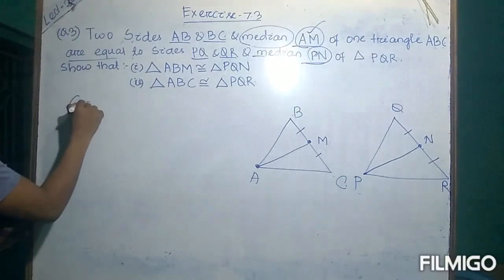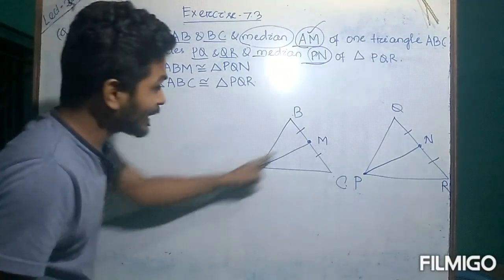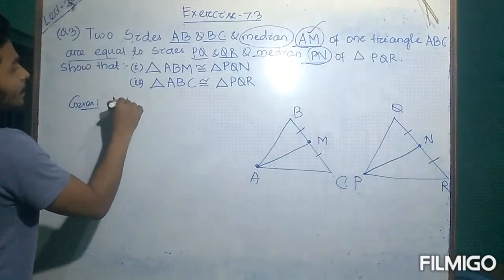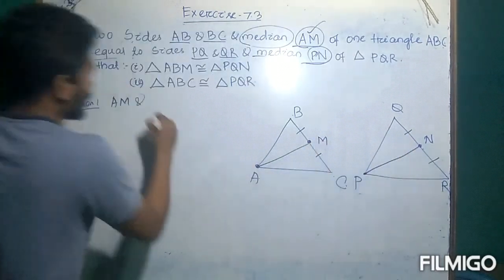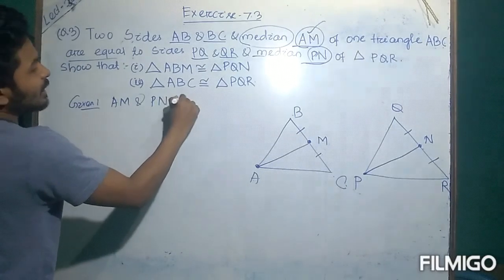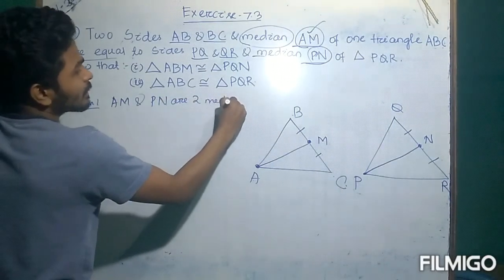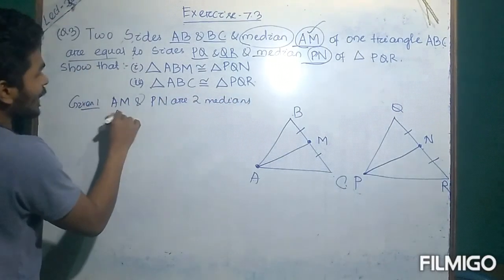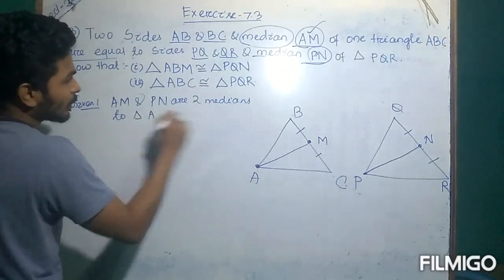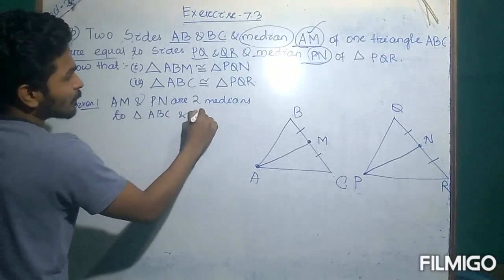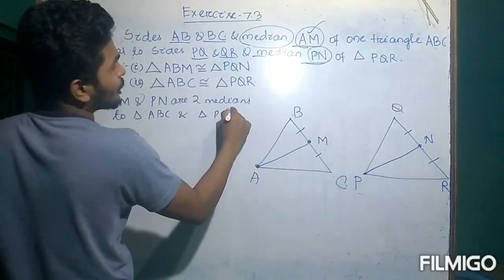So what is given here? Here it is given that AM and PN are two medians to the triangles. First one is for the triangle ABC and second one for the triangle PQR.